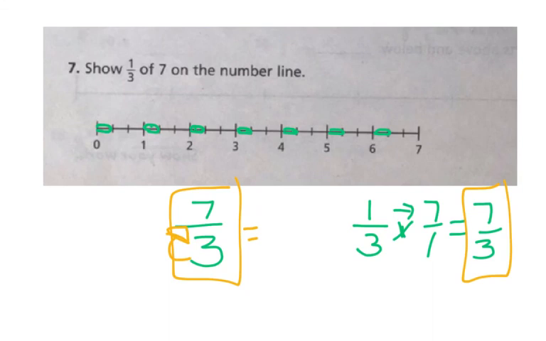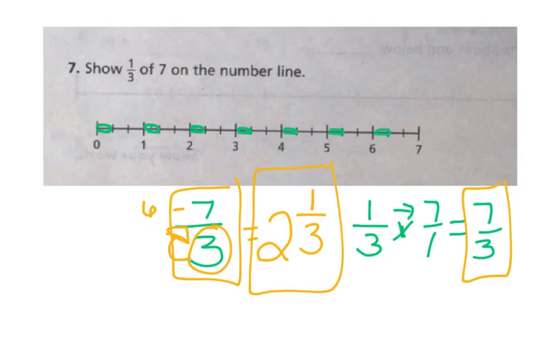Well, 3 can go into 7 2 times, because 3 times 2 is 6, and 7 minus 6 is 1. So we take that remainder of 1 and put it over our original denominator, which is 3. So 2 and 1/3 would be your answer for 7/3 written as a mixed number.